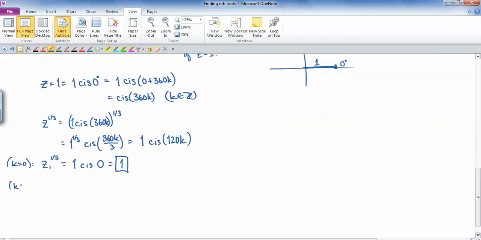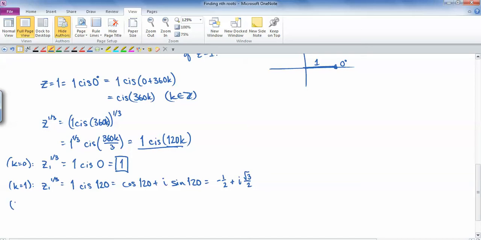K equals 1. So z sub 1, 1/3 here, that's going to be 1 CIS 120 times 1 here. So that's going to be 120. So that's really cosine 120 plus I sine 120. And if we use our trig knowledge for that one, cosine 120 is negative 1/2 plus I, and sine 120 is √3/2.